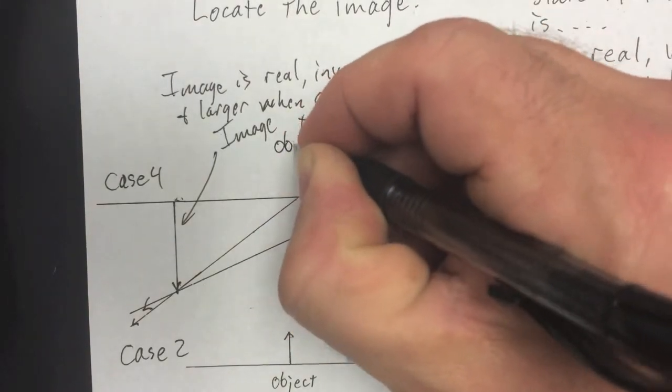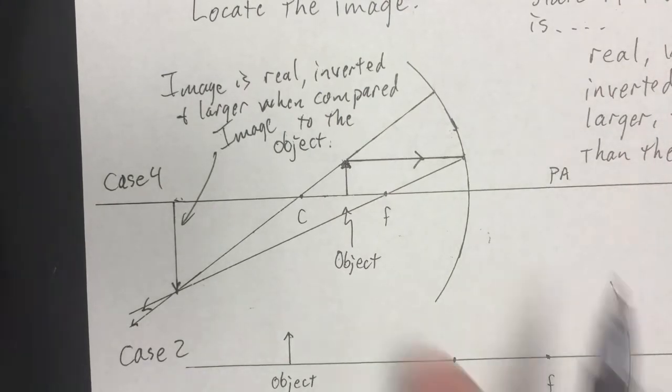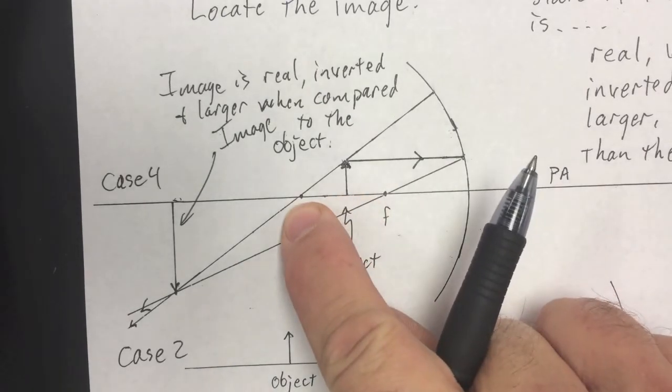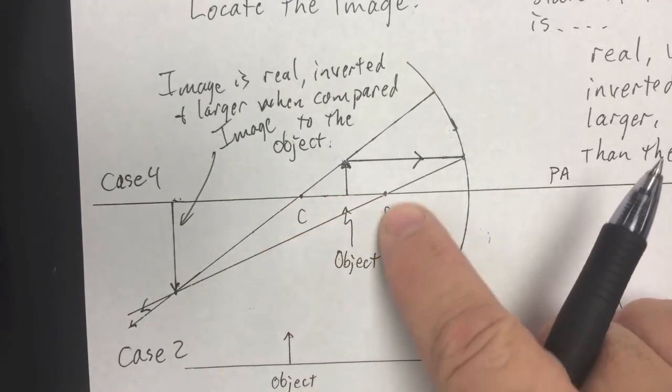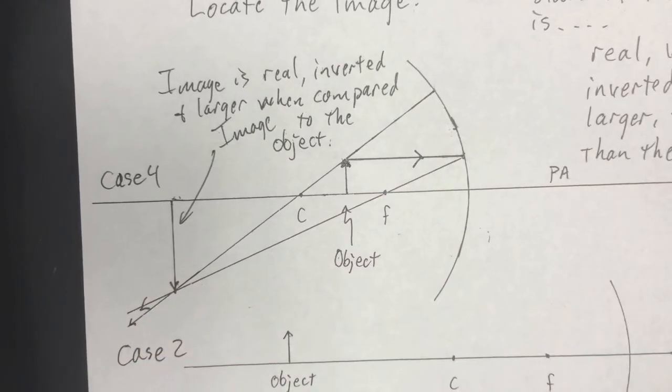You always have to compare the image to the object. All right, so that's case number 4. That's when the object is between the center of curvature C and the focal point F, and the image will be located beyond the center of curvature.